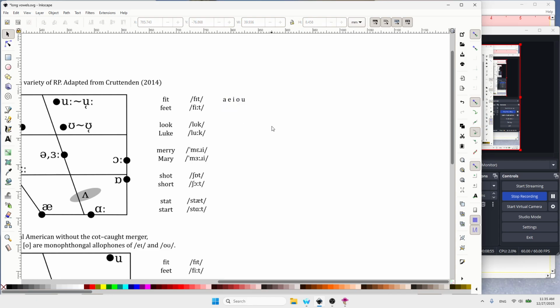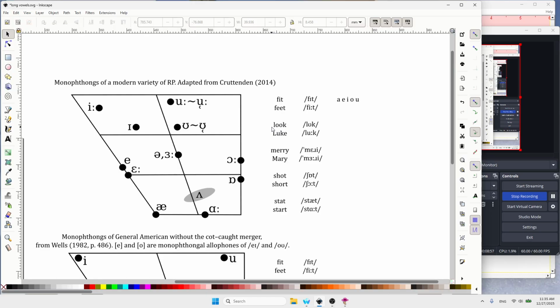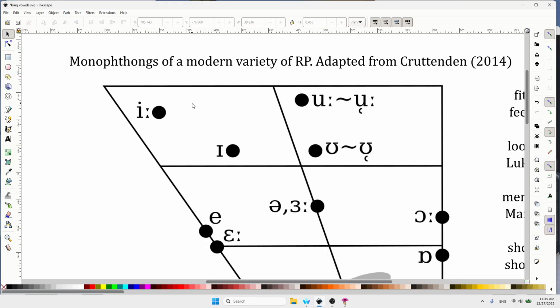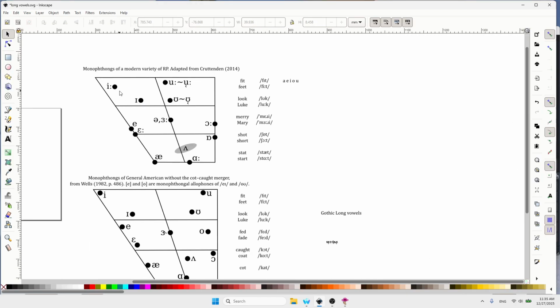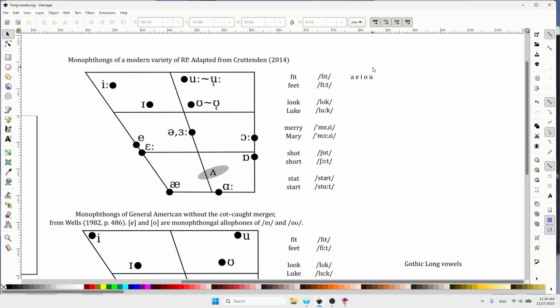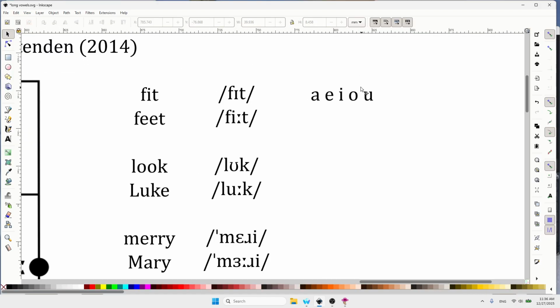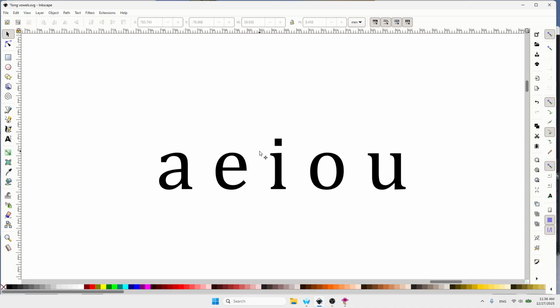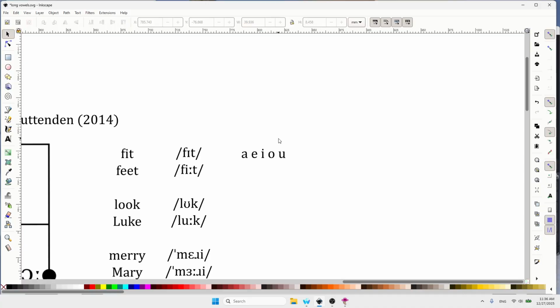English is sort of an exception because of the great vowel shift happening at around the same time that spelling was starting to become standardized. So when I'm talking about long vowels here, I'm not talking about this A, E, I, O, U, where they're long because they historically were long.